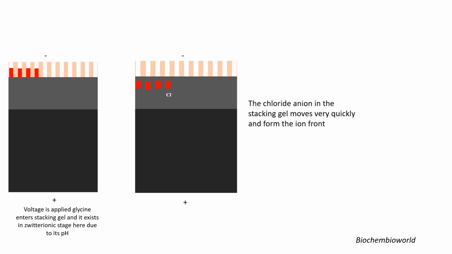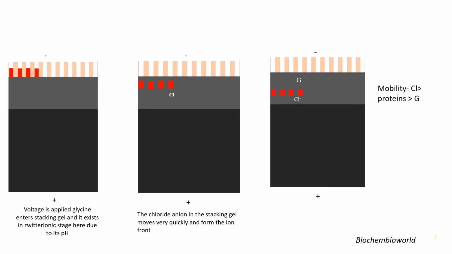I already told you in the previous slide that there are two anions: glycine, which I've already discussed, and the next is the chloride ion, which is present in the stacking gel. The mobility of this chloride anion is very fast in comparison to the protein sample as well as to the glycine which has entered into the stacking gel, as a result of which the mobility of chloride ions will be maximum.